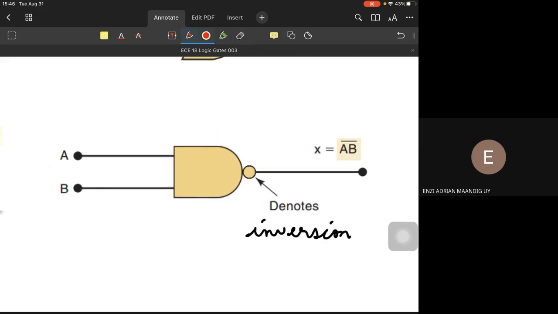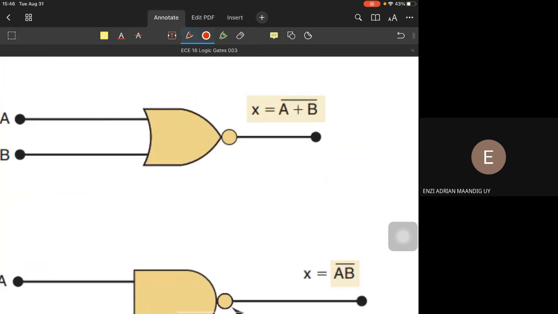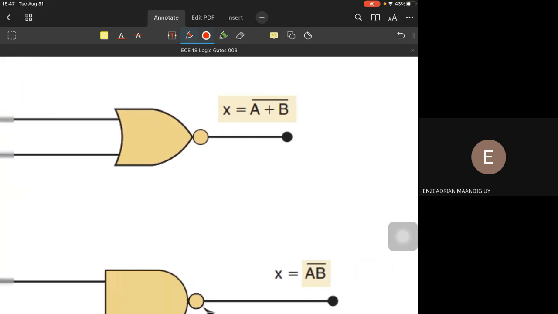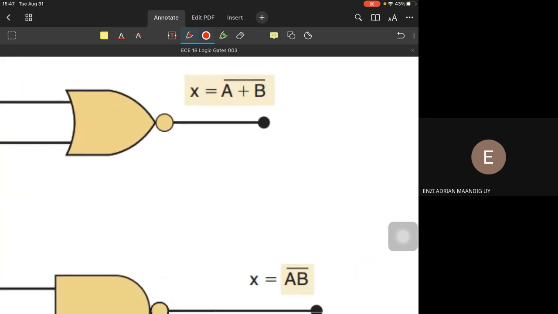The same goes with the OR gate. So try to observe their truth tables. Before we go to the truth tables, let's look at the Boolean equations. A or B bar. This one.